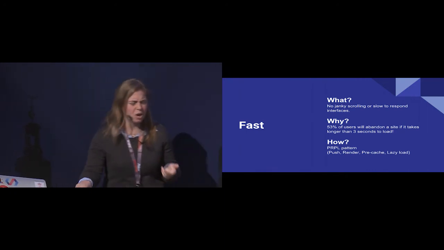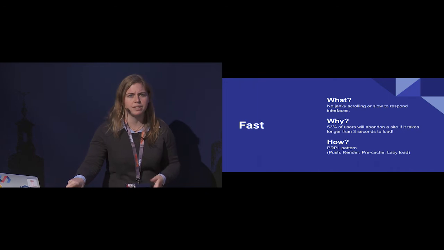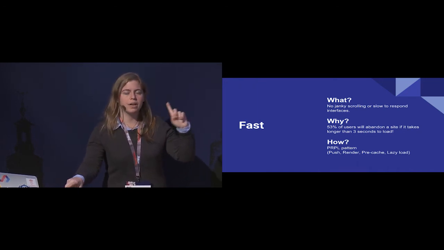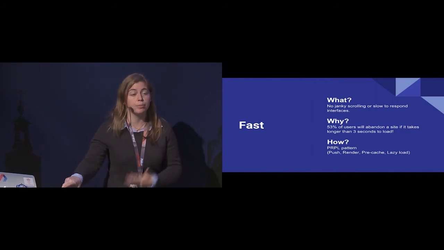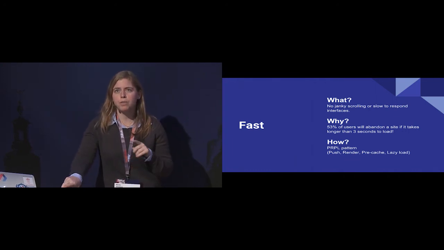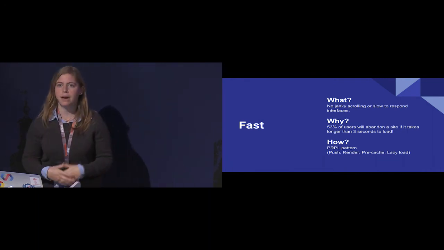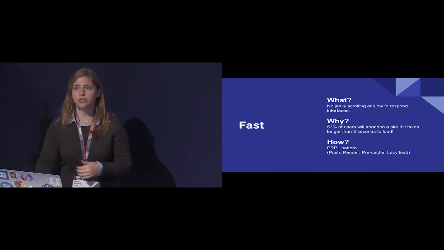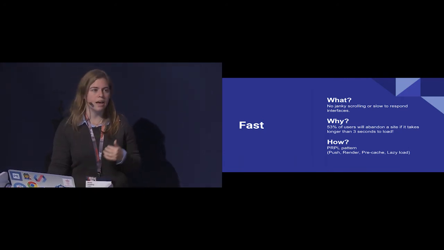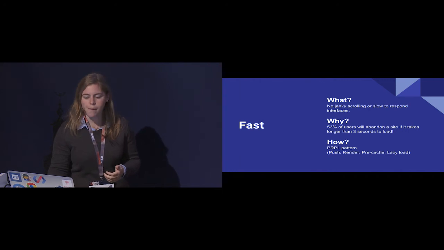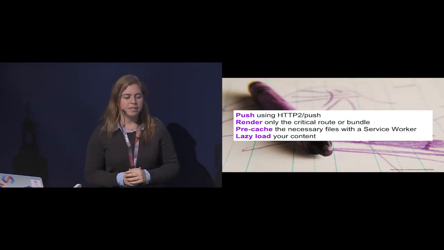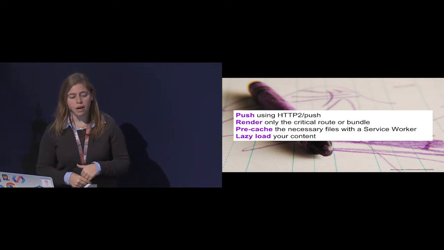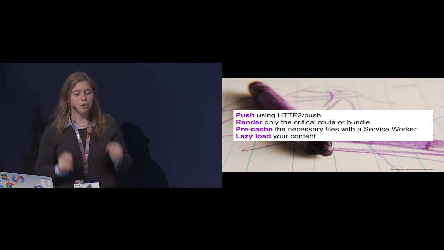This is a hard one to manage because everybody's app is different and we want to make sure that all things load fast. But what we've done is create a pattern called the PURPLE pattern to help you think about how to push things, how to render things, how to load things. Now, this could be a whole separate talk, and there are a lot of talks and articles online about it. To break it down, it stands for push, using HTTP2 push; render only the critical route or bundle.